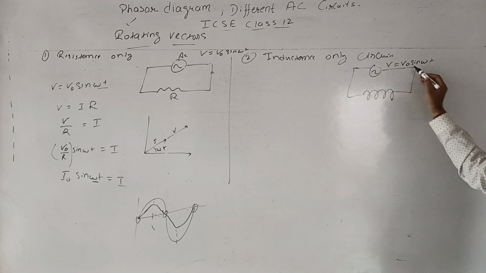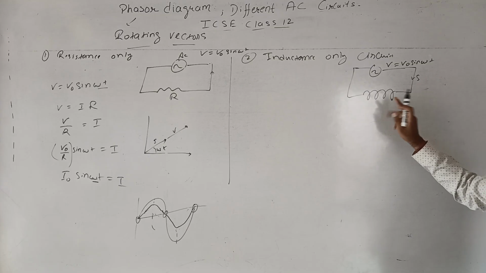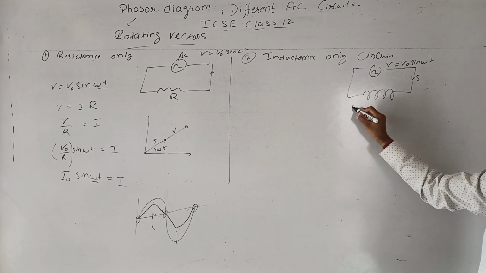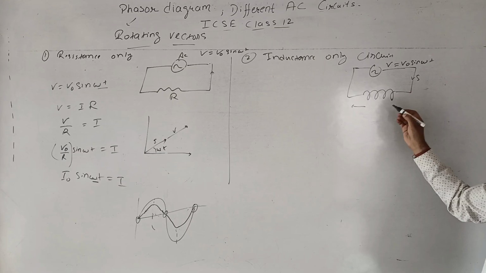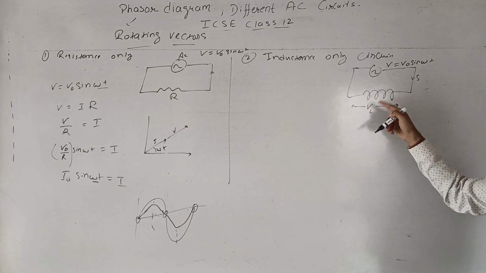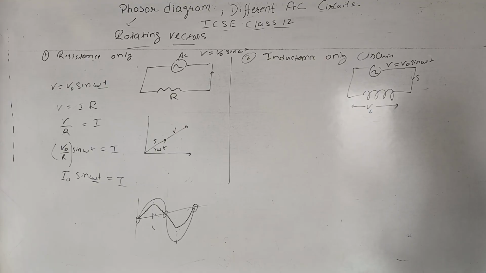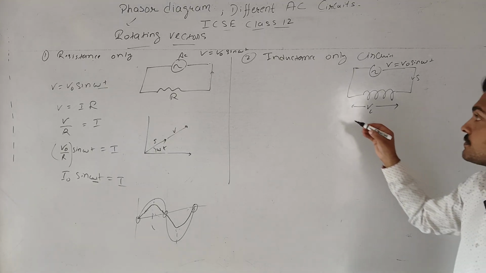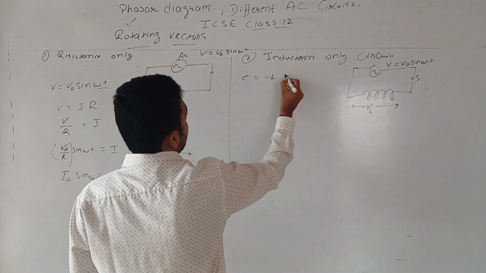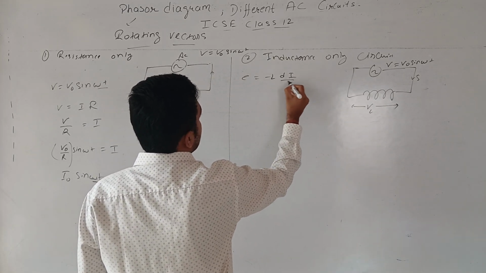What happens in an inductance coil? As the alternating current moves in the circuit, the flux changes and there is a potential difference. There is a back voltage VL across the inductor, and we know the induced EMF is minus L di by dt.